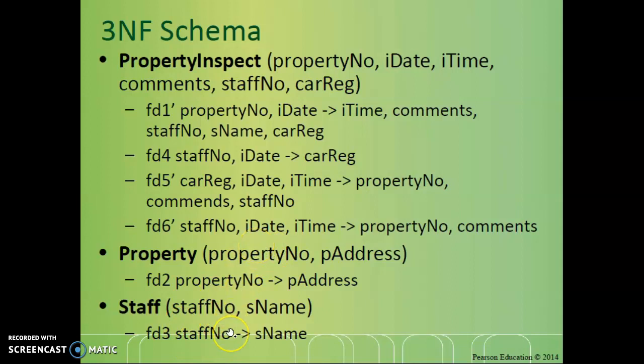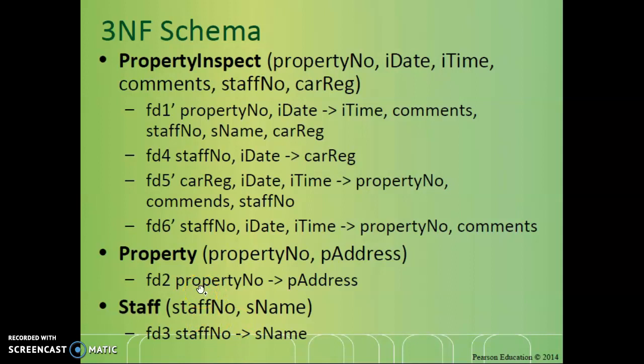So we can see that the property and staff relations are already in BCNF because the determinant in each of these relations is also a candidate key.